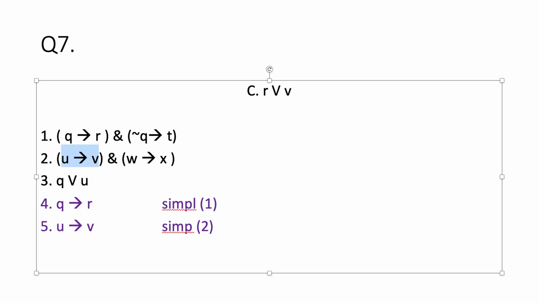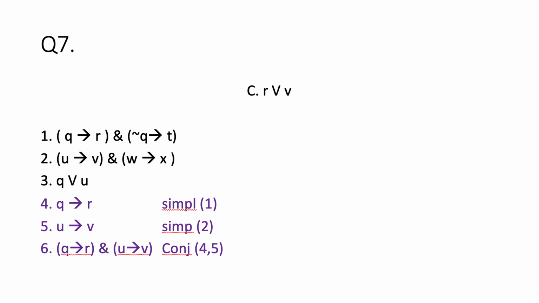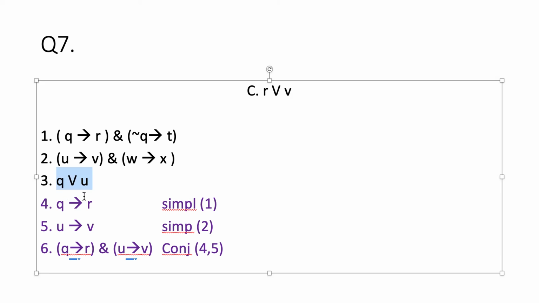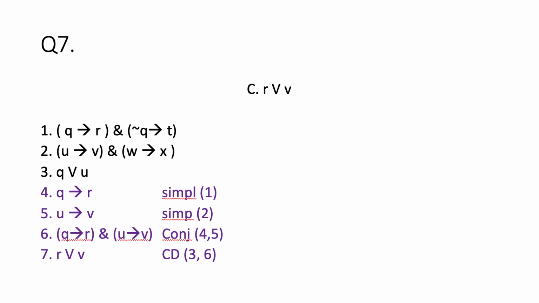Then I'm going to put those two conditionals together via conjunction on 4 and 5. And now I can use constructive dilemma on 3 and 6 to get me a disjunction of R and V, which is my conclusion. So it really was a super, super simple proof.